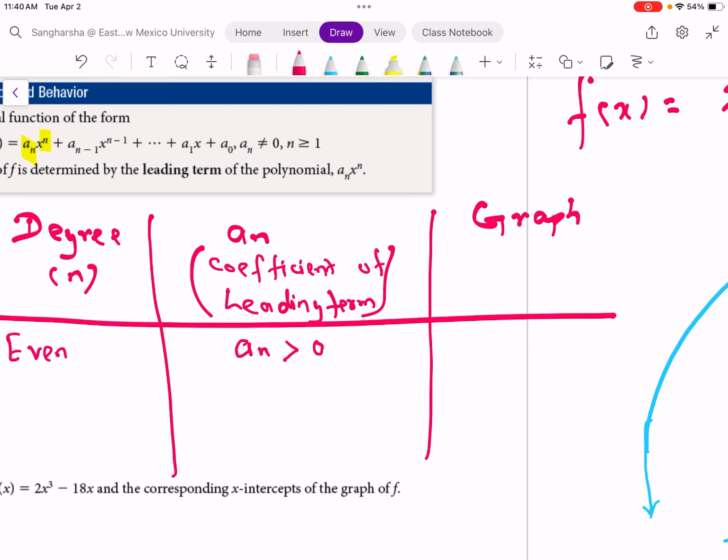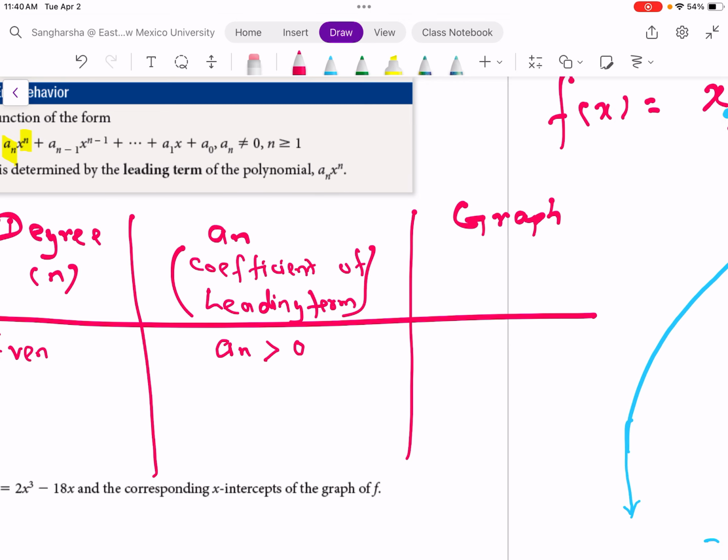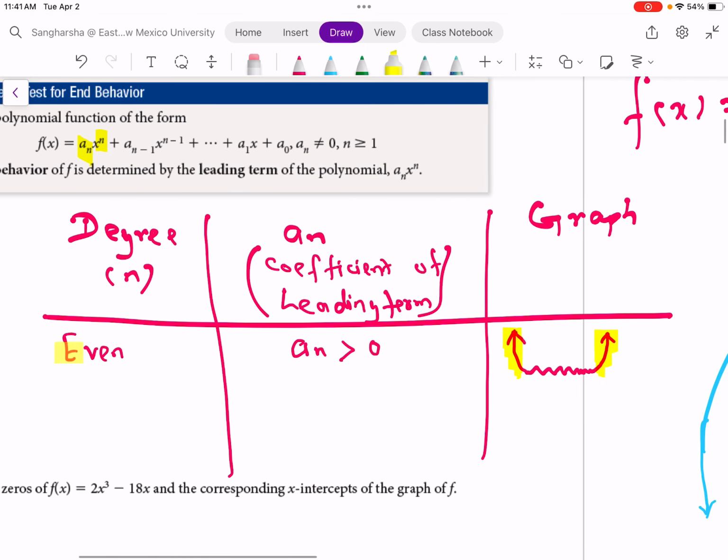Then on the left and right, the graph of this kind of function looks like this. On the left, we get this kind of graph, and on the right, we get this kind of graph. We don't know what happens in the middle. We can have any type of graph in the middle. Only what we know is the shape of the graph on the left and on the right if the degree is even and the coefficient of the leading term is greater than 0.